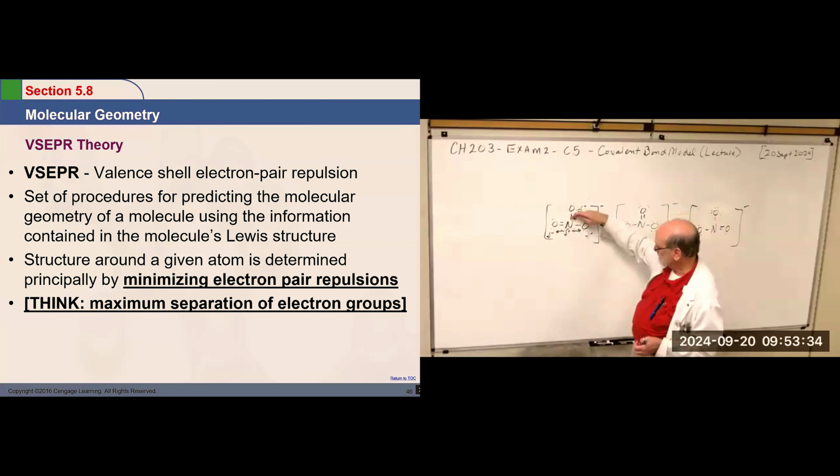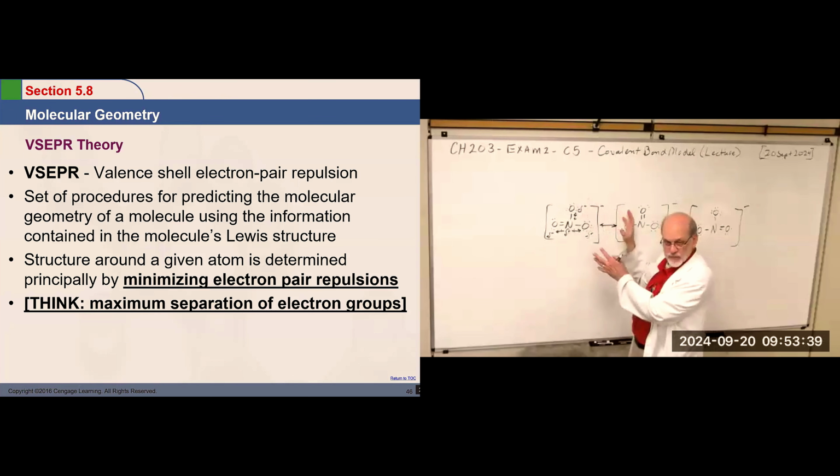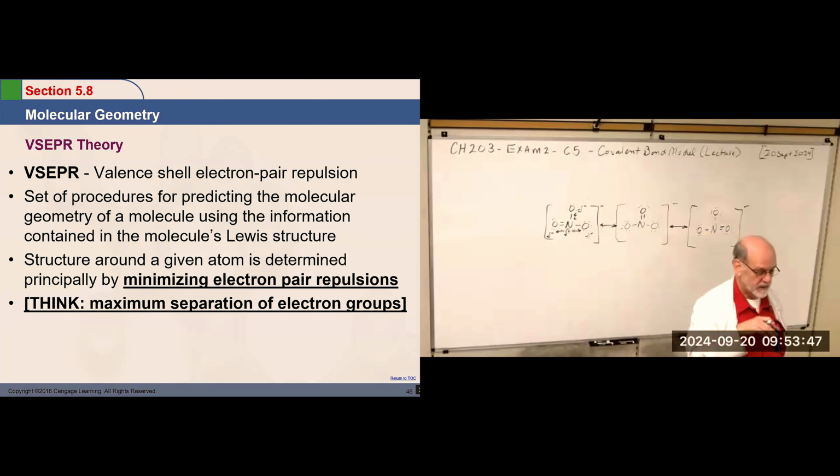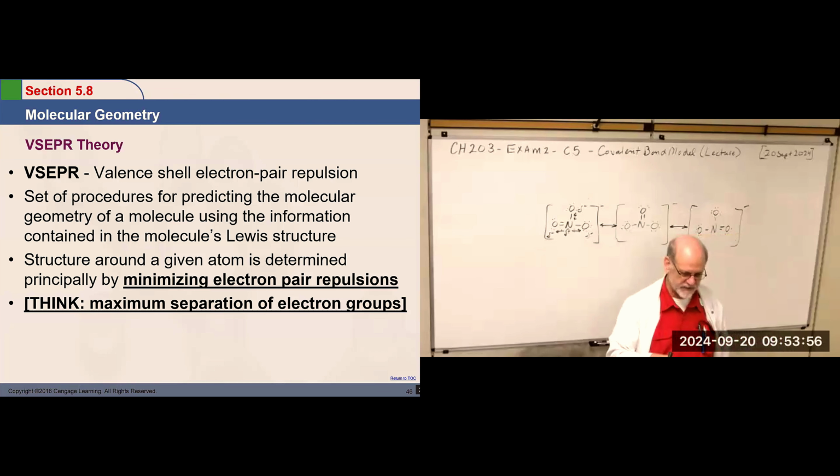So these bonded electrons are going to push away, and these non-bonding electrons are going to push away from each other, and they're going to form the most stable three-dimensional structure possible for minimizing repulsions. That's why it says valence shell electron pair repulsion. That's the basis for the model: minimizing those repulsive forces.